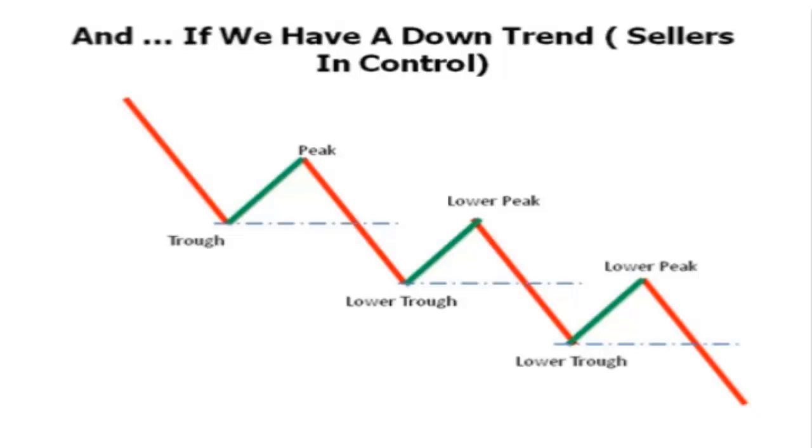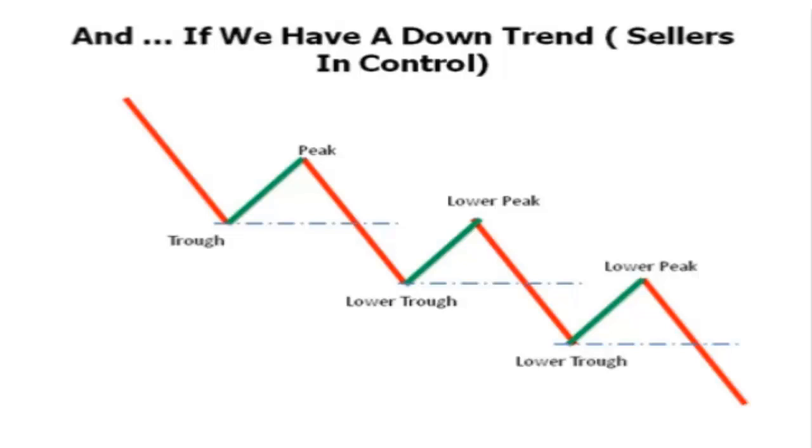And if sellers are in control, then the highest probability entry levels would be selling the market, meaning shorting the market, wanting the market to fall to make a profit, okay? Or using strategies around the market that benefit from the market falling. So we have peaks and troughs on a downtrend.